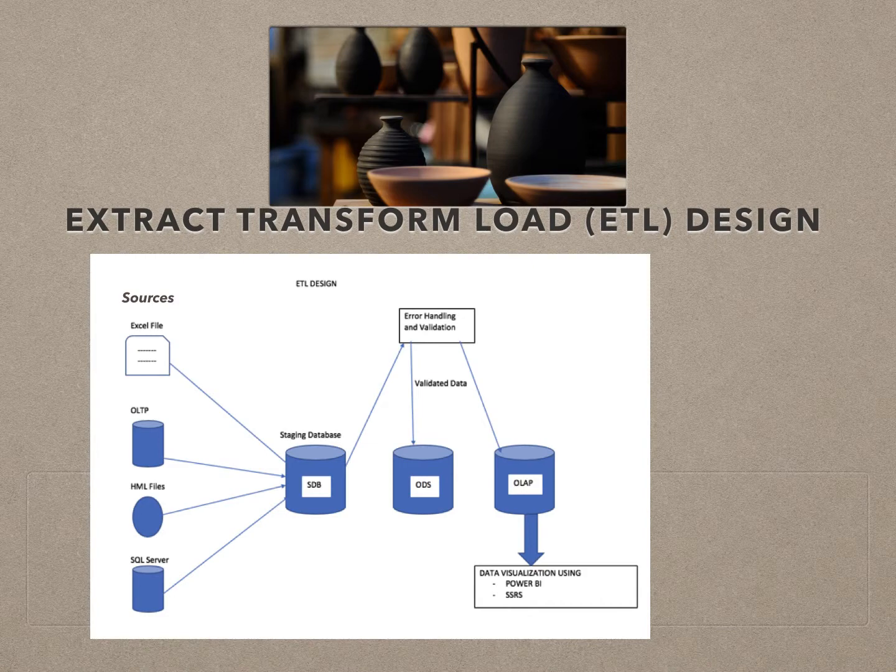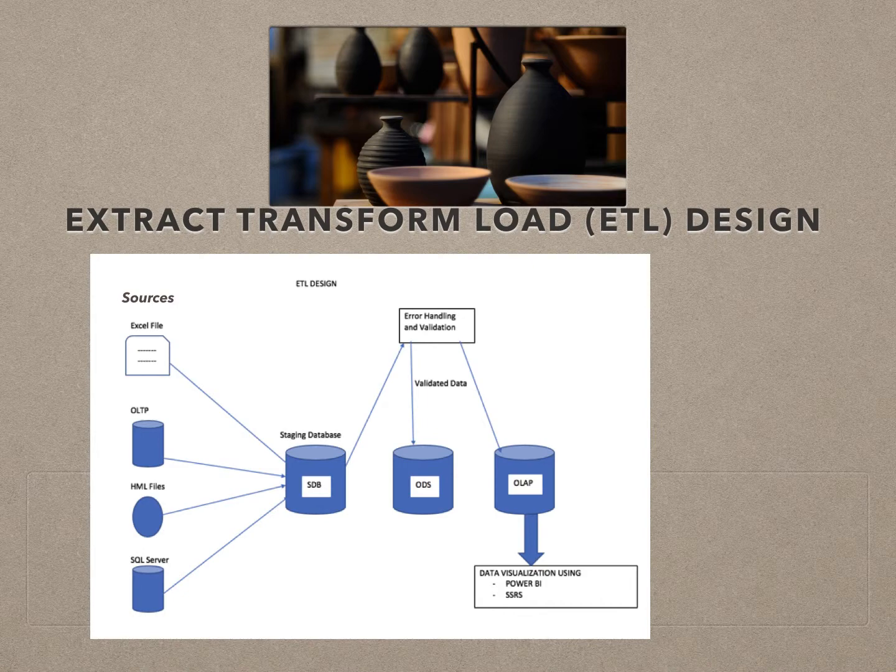Once this data is extracted, at the level of the staging database, error handling is done. This is the transformation process. So error handling is done, as well as cleansing and validation. Once validation is done, the data is loaded into the operational data store, otherwise a data warehouse.